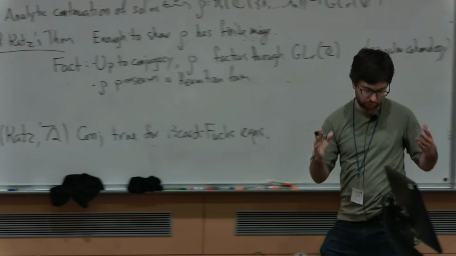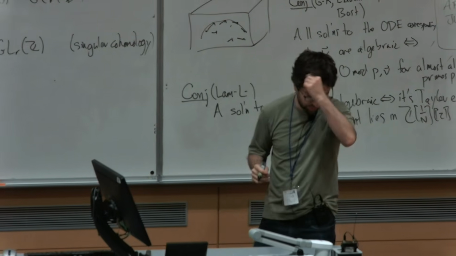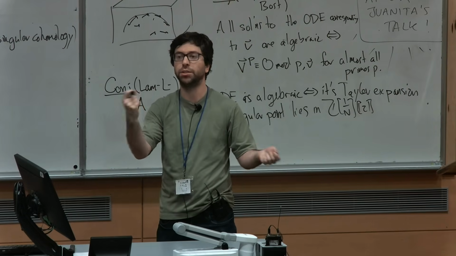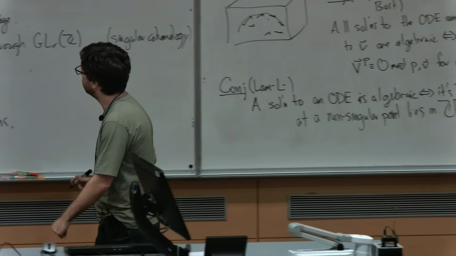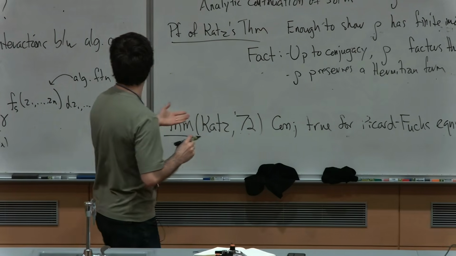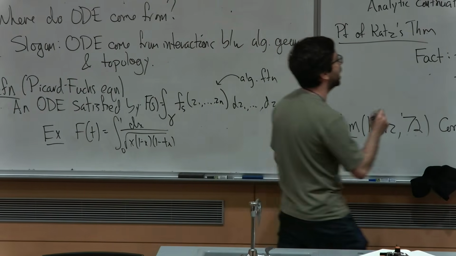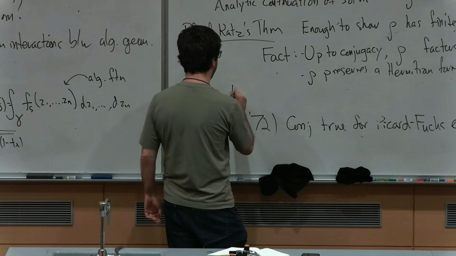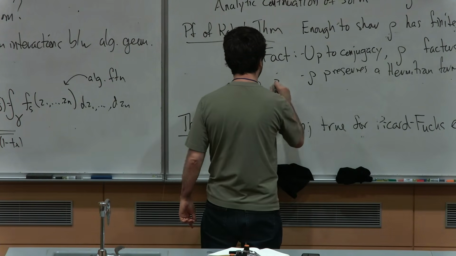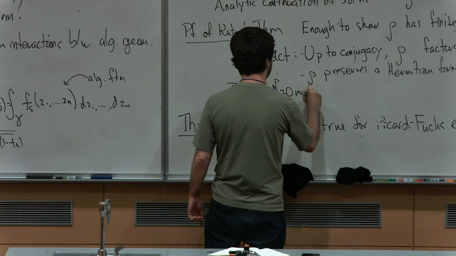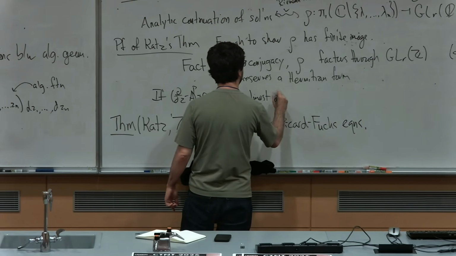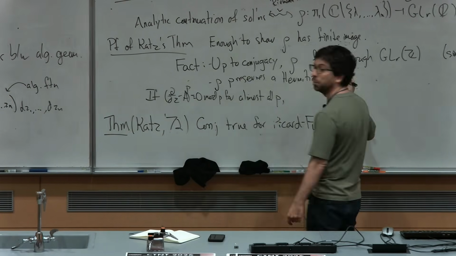So a quadratic form, a form given by a matrix whose conjugate transpose is its inverse. And what Katz observed is that if this p-curvature vanishing condition happens, so if d/dz minus A to the p is 0 mod p for almost all p, this form is positive definite.